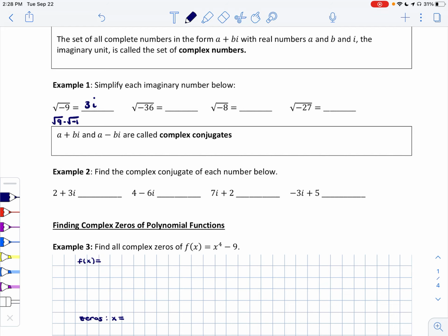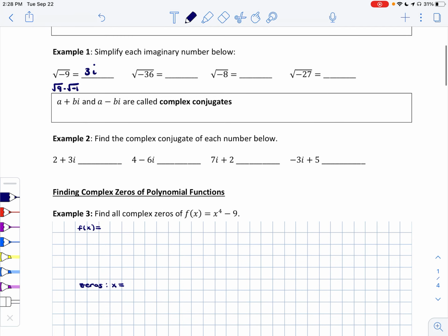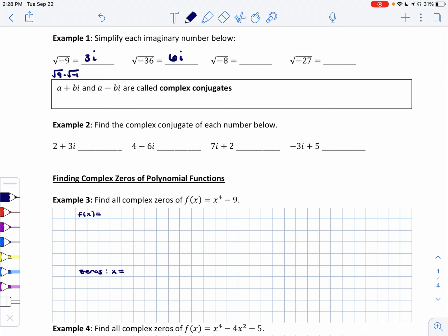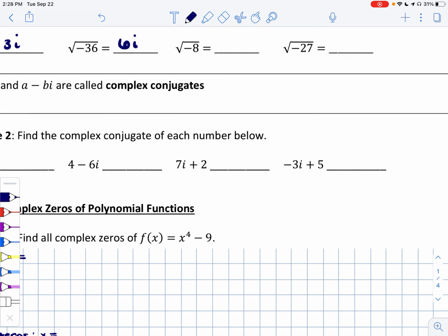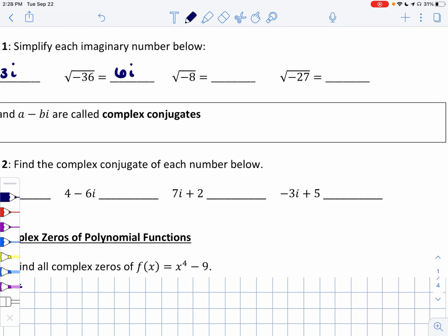Similarly, if we want to take the square root of negative 36, the square root of 36 is 6. Since it's a negative, it becomes 6i. Now if you're looking at something like the square root of negative 8, which isn't a perfect square, we can break it down like you normally would. I'm going to separate this as the square root of 8 times the square root of negative 1.